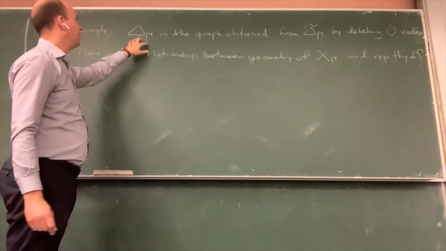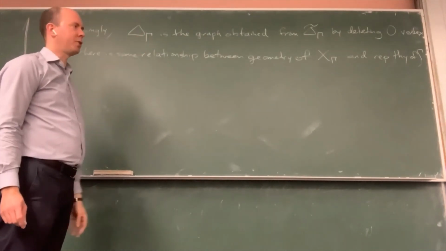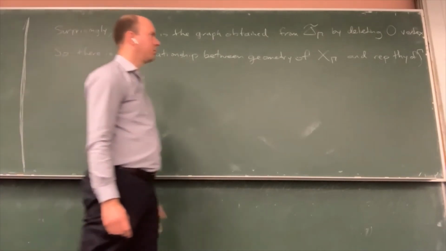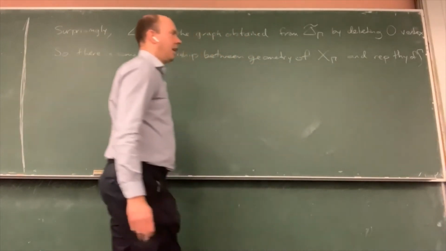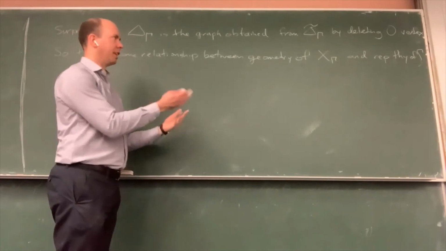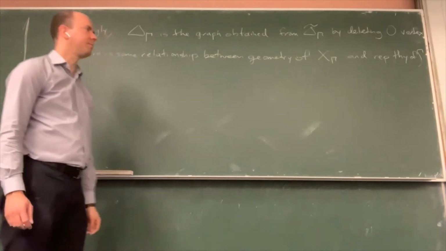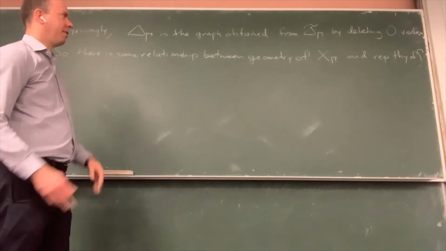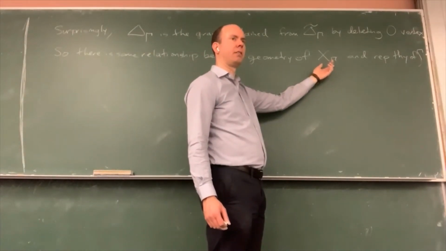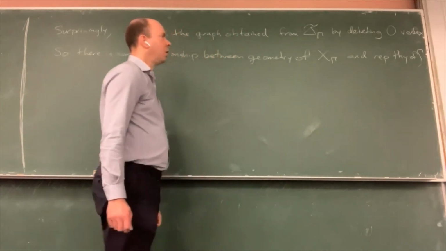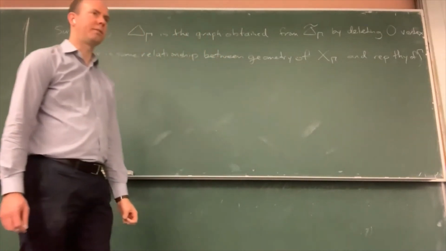This Duval graph, if you want to call it that, delta gamma, is obtained purely in terms of the geometry of the resolution of singularities of the Kleinian singularity obtained by quotienting affine 2-space by gamma. And yet they give you the same graph, except that you have to delete the zero vertex in the affine Dynkin diagram to get the finite Dynkin diagram. But otherwise, it's the same correspondence. So somehow you could say that this variety knows something about the representation theory of the group gamma. Or you could think of it the other way and say that the representation theory of gamma knows something about the geometry of Kleinian singularities.